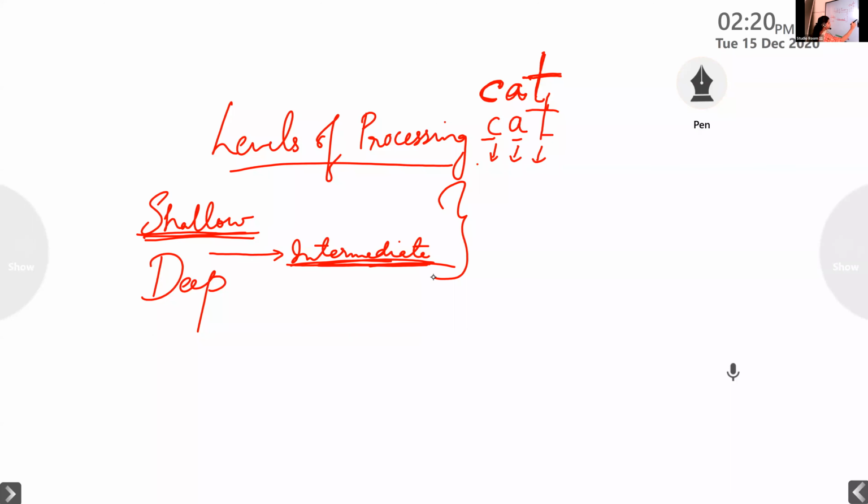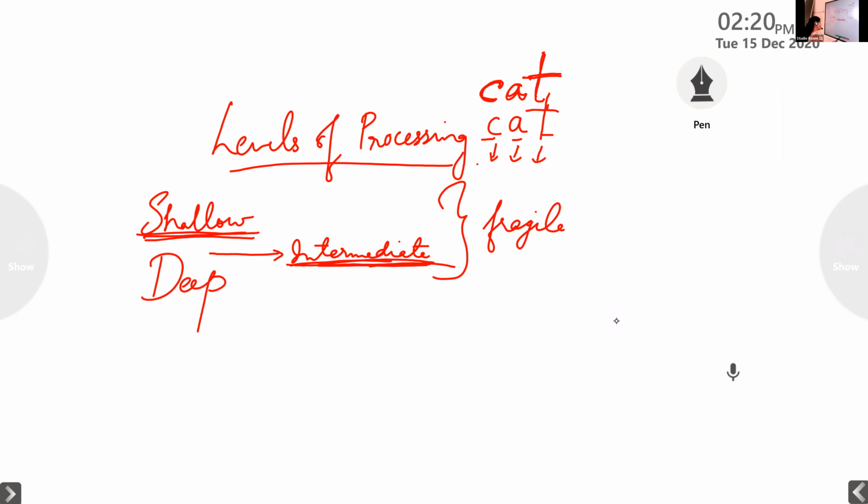And according to this theory, whether it be shallow level of processing or intermediate level of processing, the memory that is formed for these two levels of processing is very fragile in nature, which means it might get decayed or it might be lost in a very short span of time.